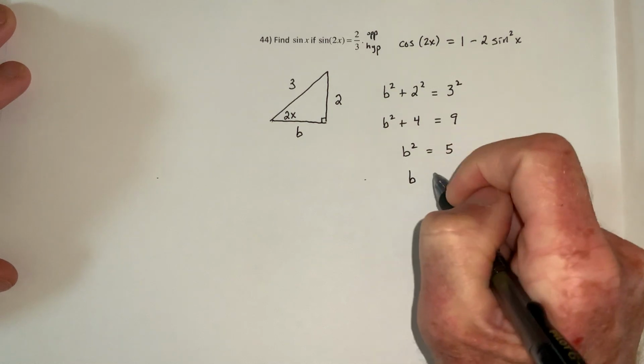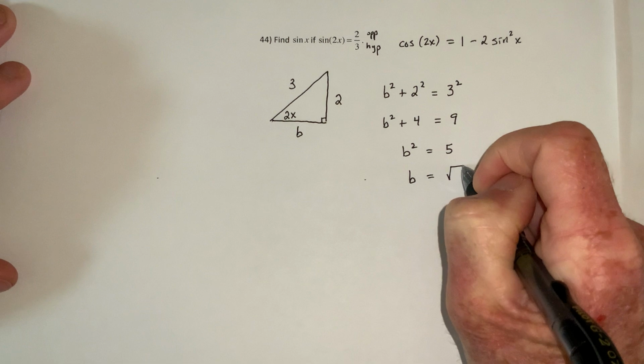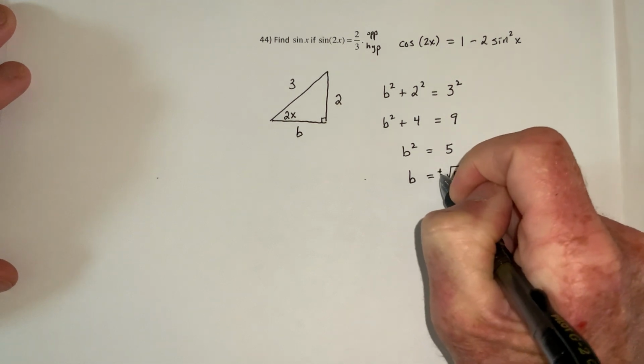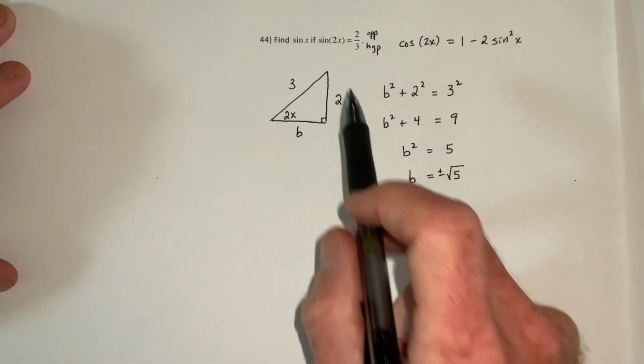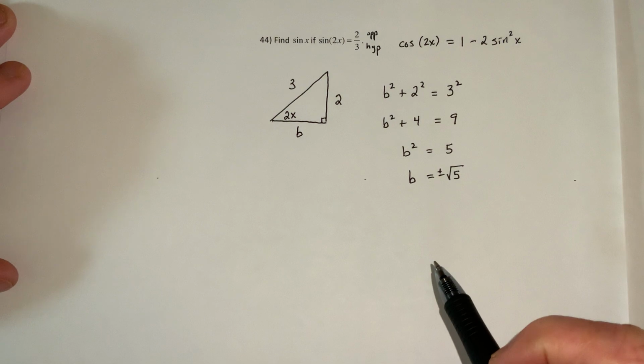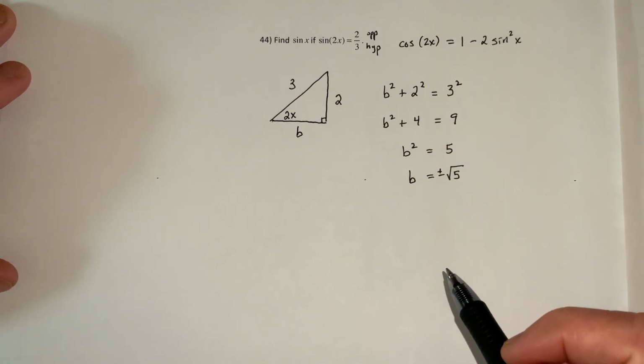And then take the square root of both sides. And technically we should put plus or minus the square root of 5. Since it doesn't say which quadrant it's in, then I don't know if I'm supposed to use the positive or the negative. I'm just going to leave it as plus minus.